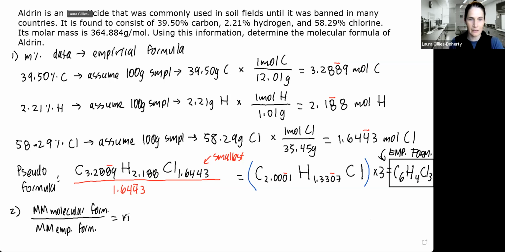And then once we know N, we're going to multiply everything in the empirical formula by N to get the molecular formula. So I'm given my molar mass for the molecular formula. It's 364.884. So I can put that in up top. 364.884 grams per mole.